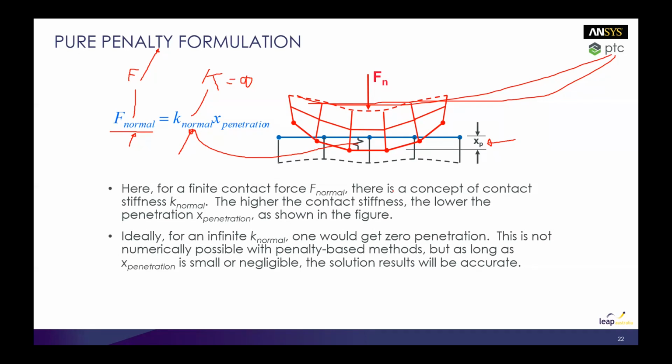You can do sensitivity studies to reduce the penetration to the point of the model not converging, and that's essentially your sweet spot, where your normal stiffness choice is giving you a numerical result as well as a physically meaningful result.